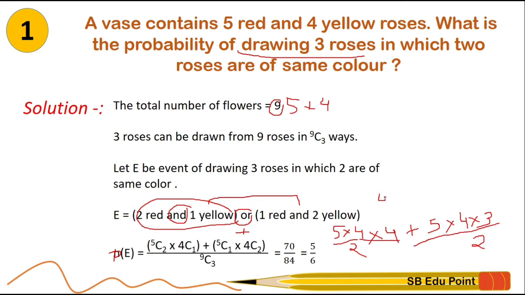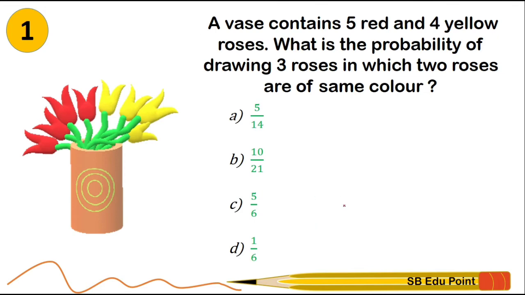So this will be 40 plus 30. So favorable outcomes will be equal to 70, and whole divided by 84. So the probability of drawing 3 roses in which 2 are of same color is 5 by 6. So the correct option for this question is C, 5 by 6.